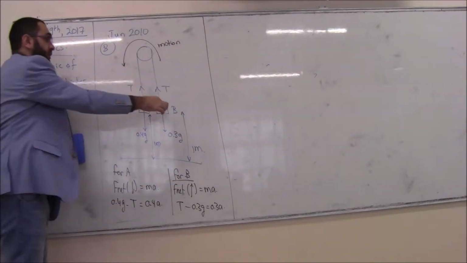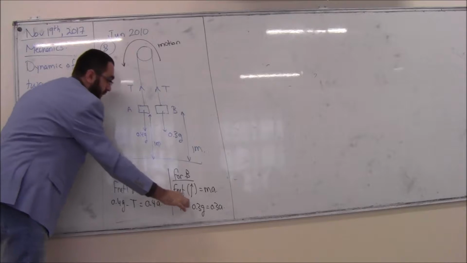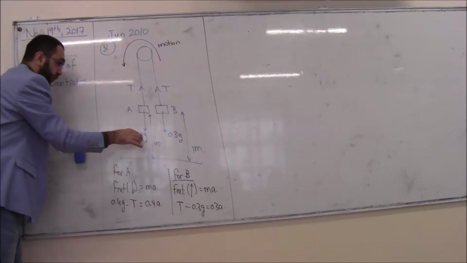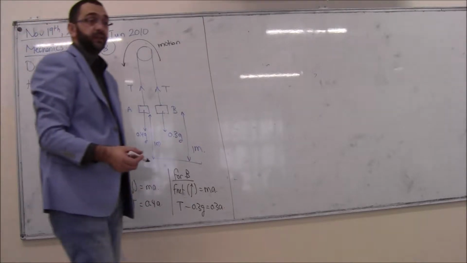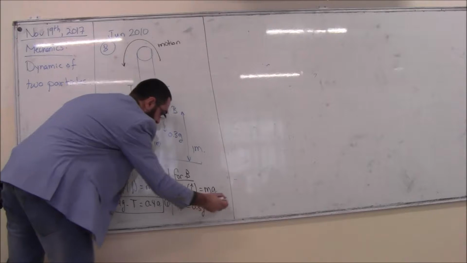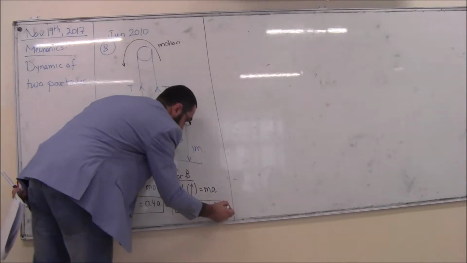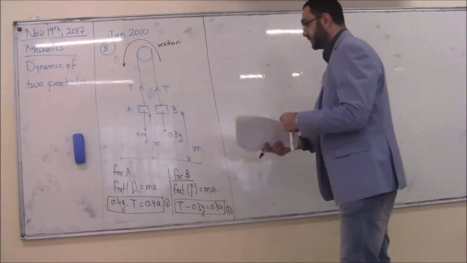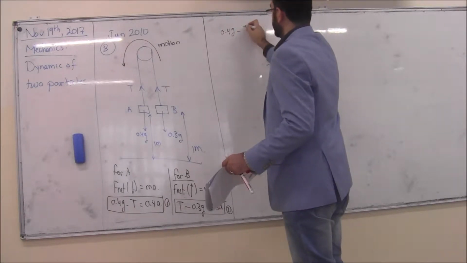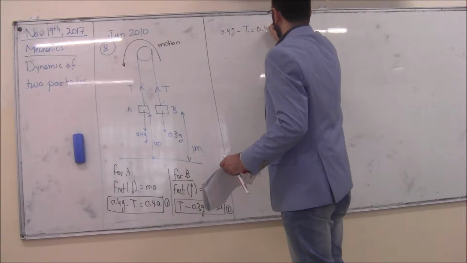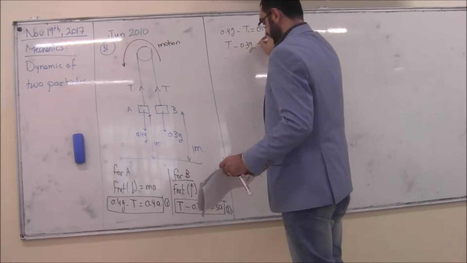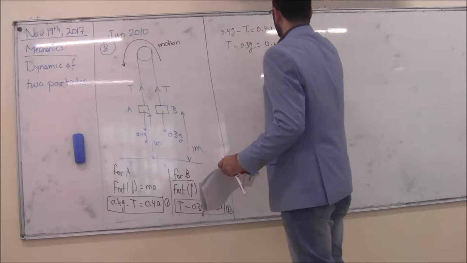The motion for B is upward, so T minus 0.3 g. The motion for A is downward, so 0.4 g minus T. This is equation number 1, and this is equation number 2. We add them simultaneously: 0.4 g minus T equals 0.4 a, and T minus 0.3 g equals 0.3 a.